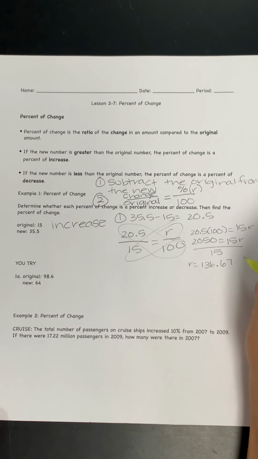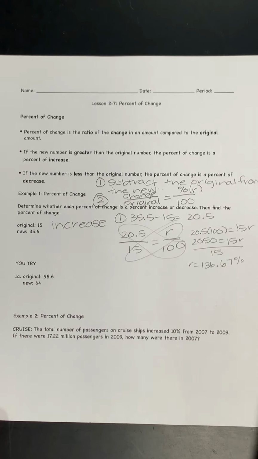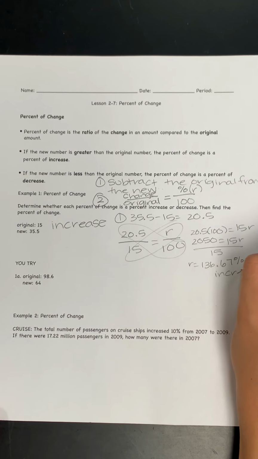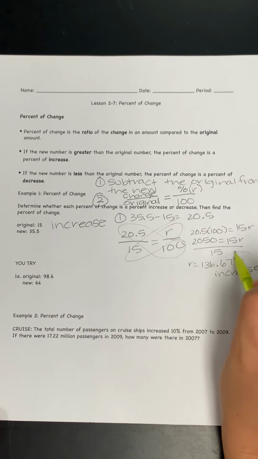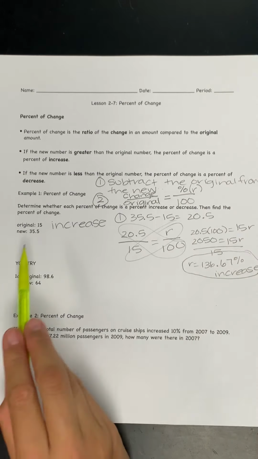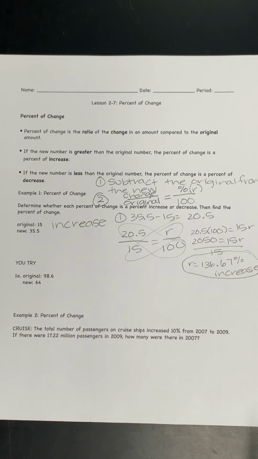So we'll say 67%. And we already identified at the beginning that this is an increase. So going from the original to the new, that would be 136 and 2/3 or 0.67% increase.